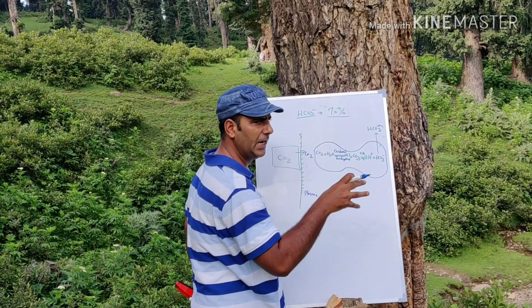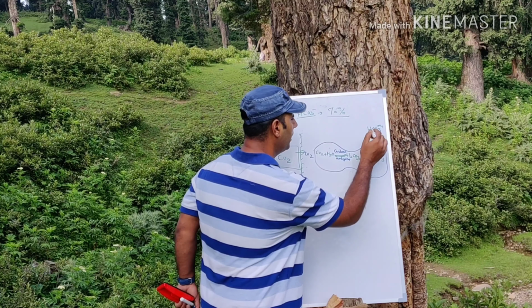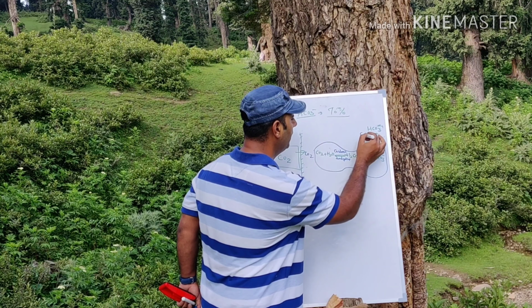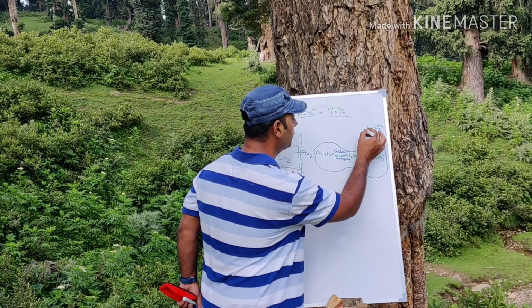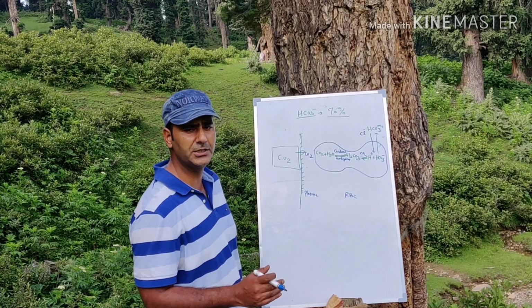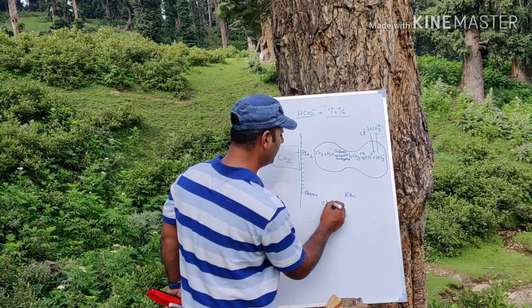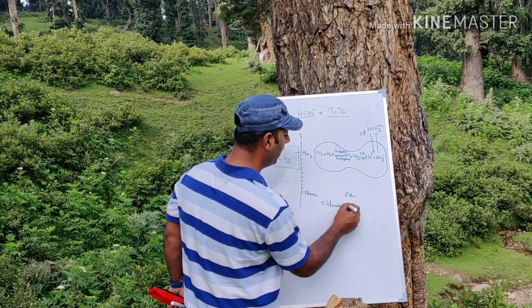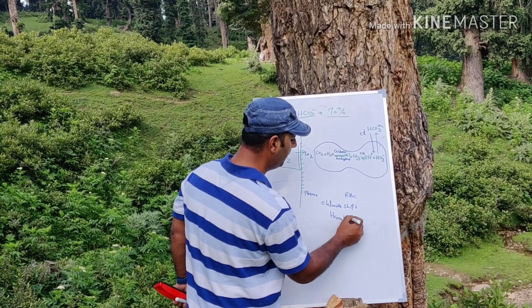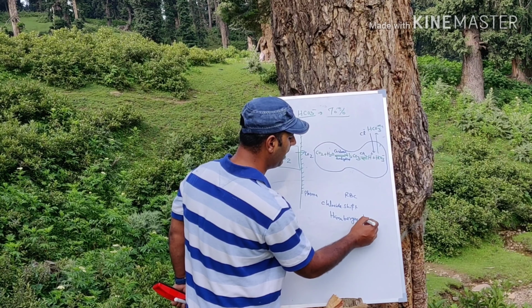In order to maintain electrical neutrality, chloride will be pushed from the plasma to the RBCs, and we call this shift the chloride shift, or the Hamburger shift.